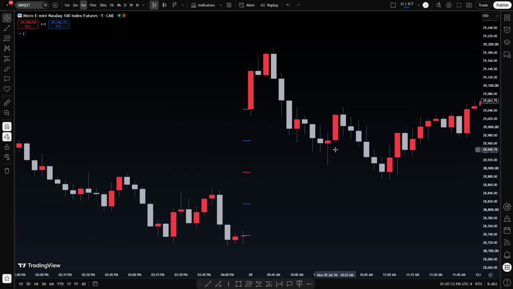That first initial movement means a lot. I don't think ICT really taught this, but that first initial movement means a lot, especially if the movement ends or starts before certain times. Super, super important.